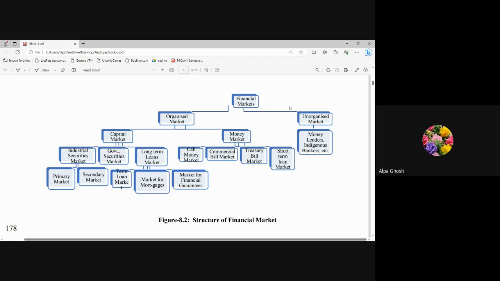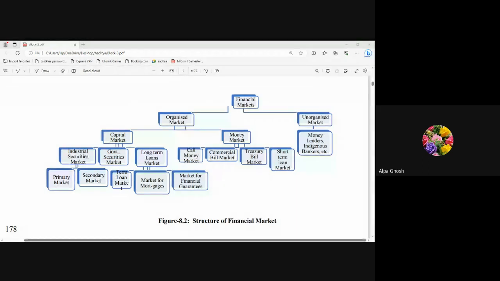When we talk about money lenders and indigenous bankers, are you familiar with the term money lenders? Do you know who are money lenders? Yes, ma'am. Okay, very good. Whenever we have a requirement of funds for a very short period, we do not approach the banks.